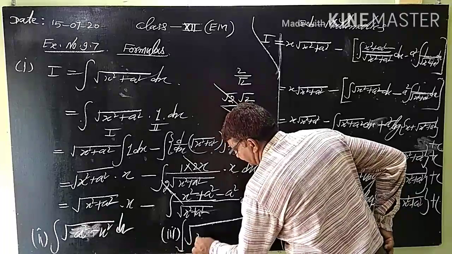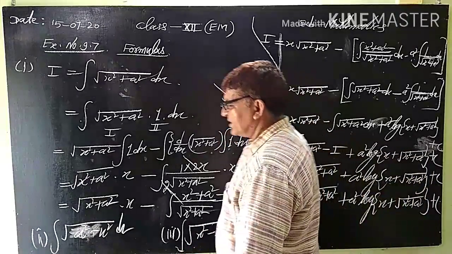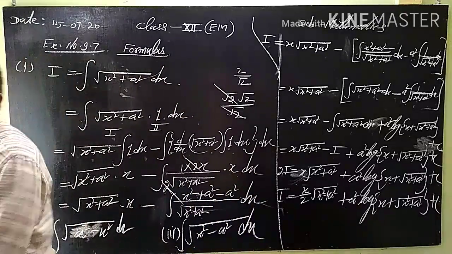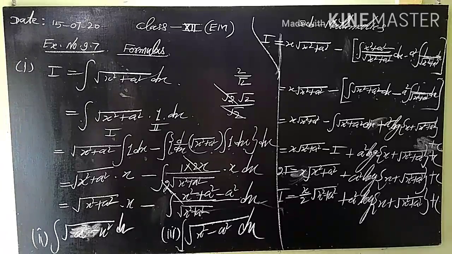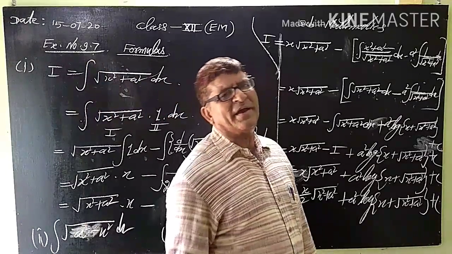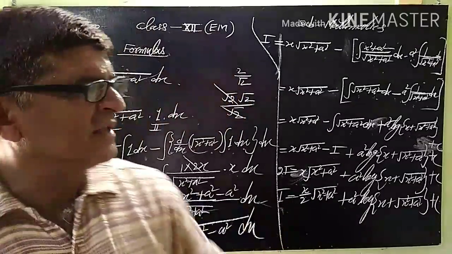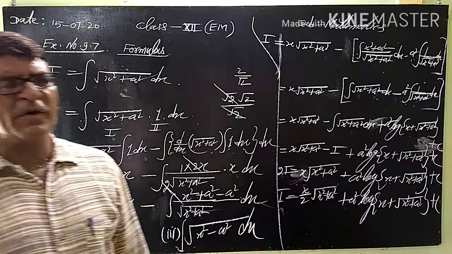This is third. There are three formulas like this. One is proved on the blackboard, and like the same, this is second and this is third. You can prove them similarly to what is written on the blackboard.